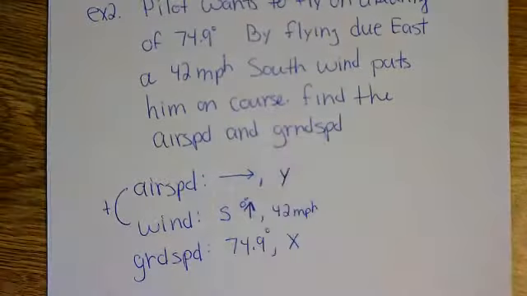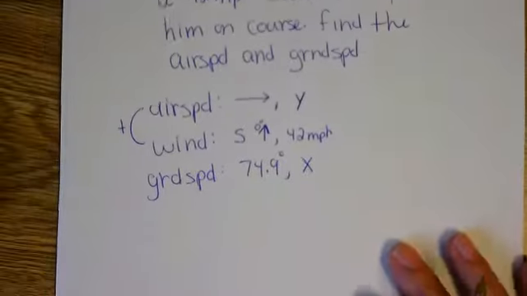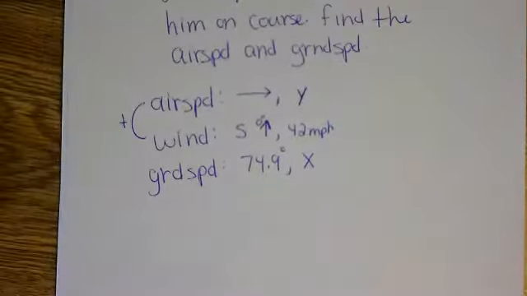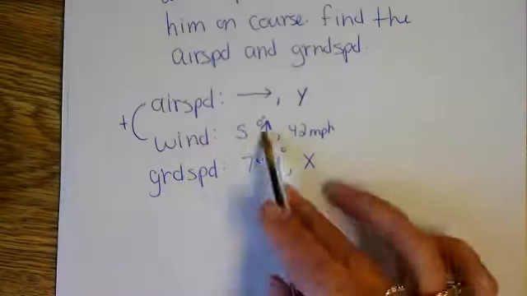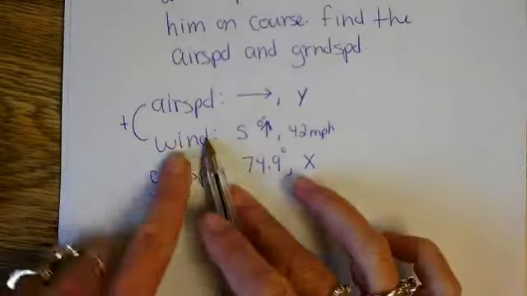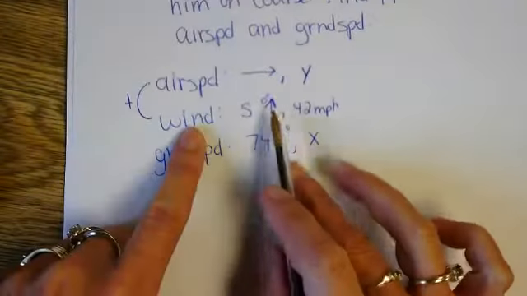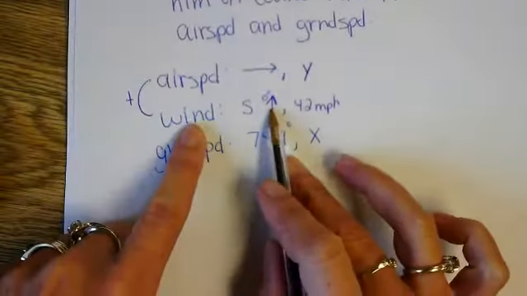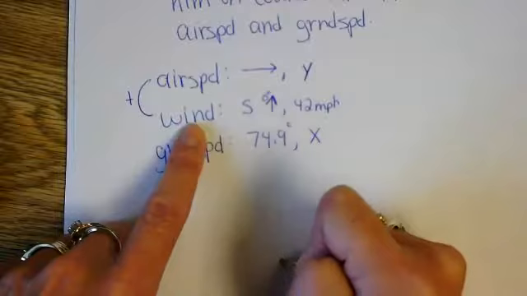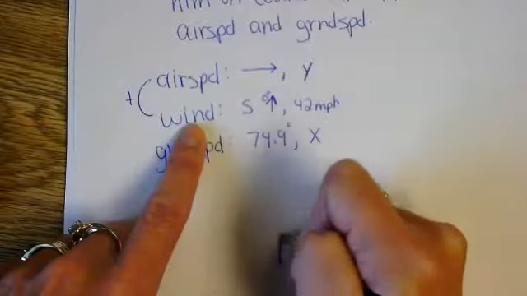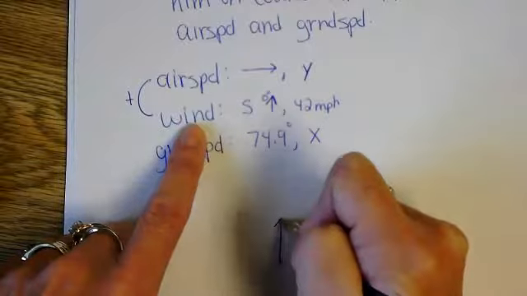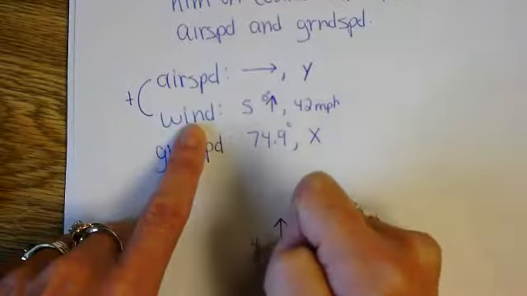Okay, so I always like to start with the vector that I know both pieces of information for, and that would be the wind. So I will draw the wind first. So it's blowing toward the north because it's a south wind. So I'll start with that. 42 miles per hour.